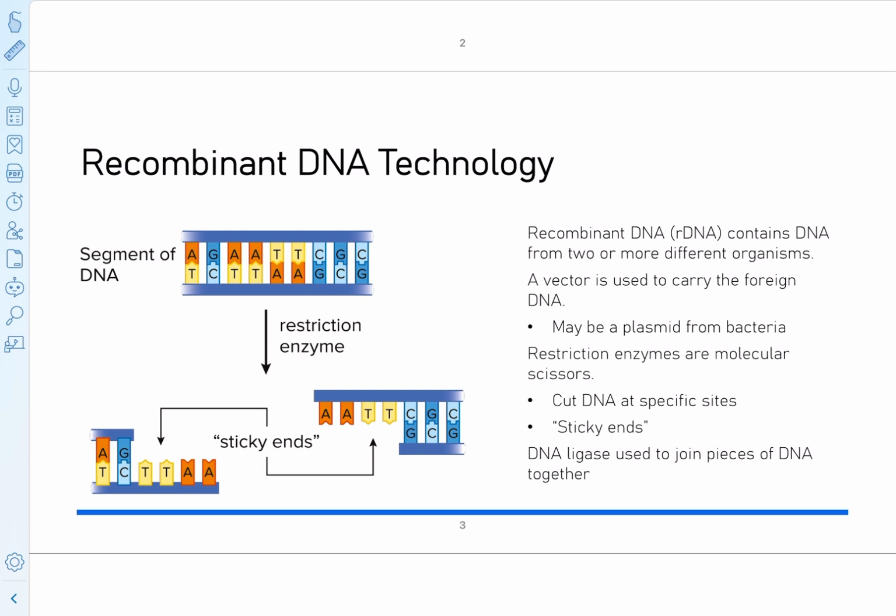So in order to cut that DNA at specific spots, it's going to require the use of something called restriction enzymes. And when we do cut it with the restriction enzymes, it leaves behind something called sticky ends that can easily stick to other DNA pieces. The final enzyme needed is DNA ligase, and this is going to come in and help seal all of those sticky ends together so that we can create the recombinant DNA.